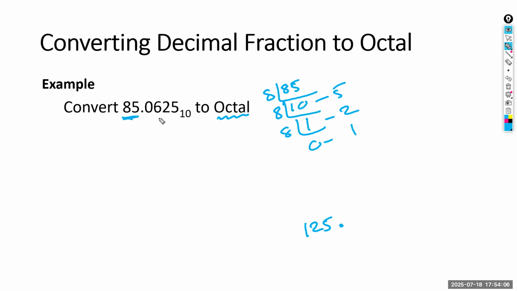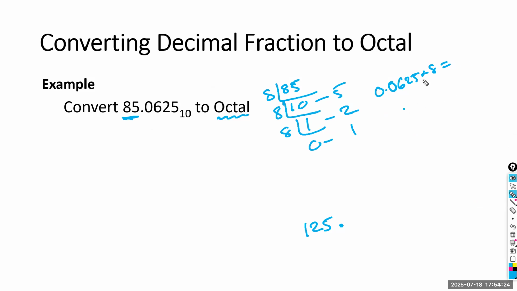Now I want to convert the fraction into octal. How to do that? Keep multiplying by 8. Then you will get something between 0 and 7 in the whole number part. 0.0625 multiplied by 8: 8 into 5 is 40, 4. 8 into 6 is 48, 48 plus 2 is 50, 5.